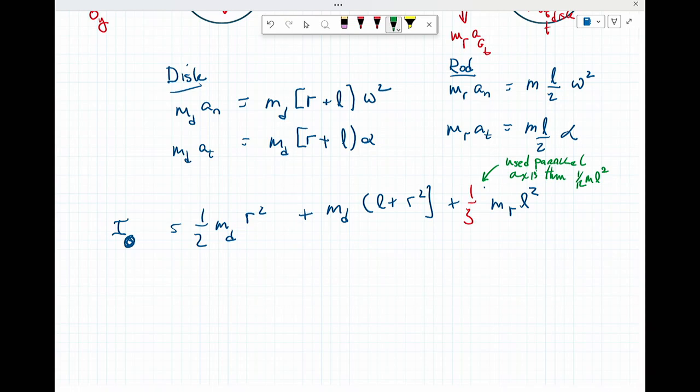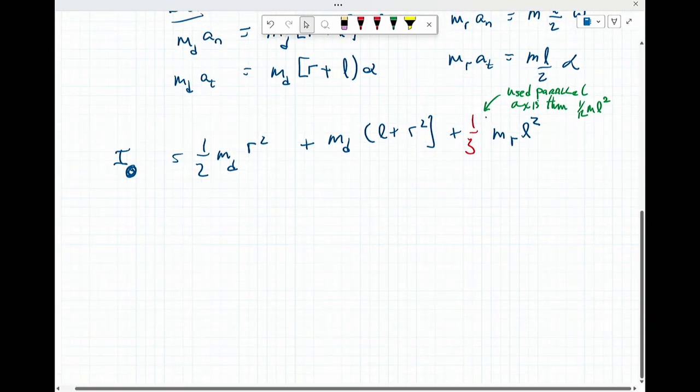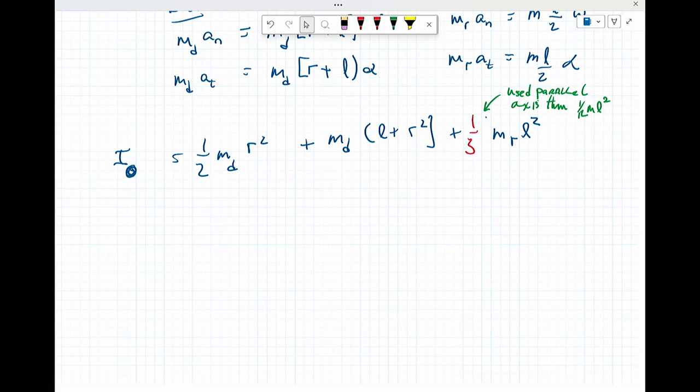Basically, you add 1/2, you get a quarter plus a 12th, you end up with 1/3. Okay, no problem. And we have all of the accelerations, we have all of the terms.